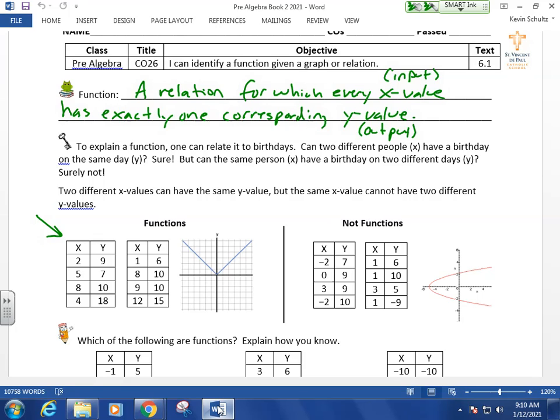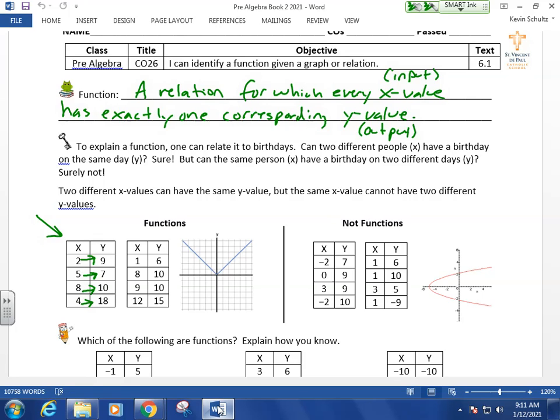And what I'm saying is that every x value has exactly one corresponding y. When x is 2, y is 9. That's it. Nothing else. When x is 5, y is 10. When x is 8, y is 10. And when x is 4, y is 18.